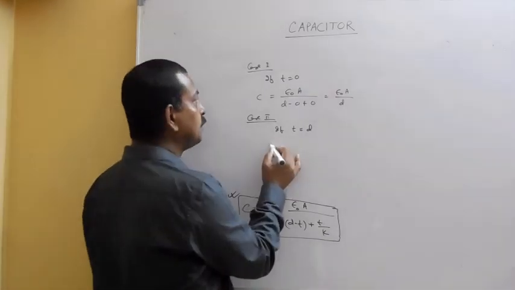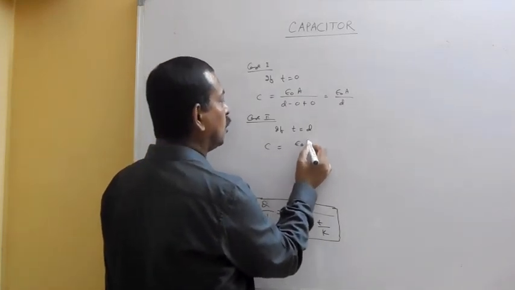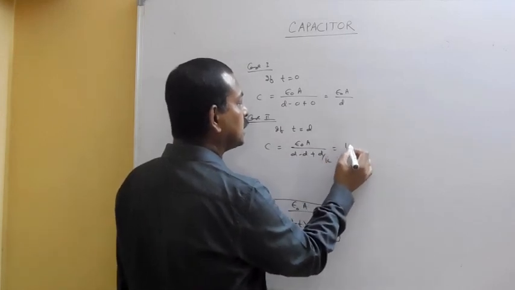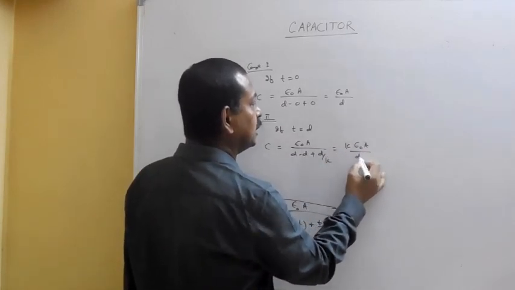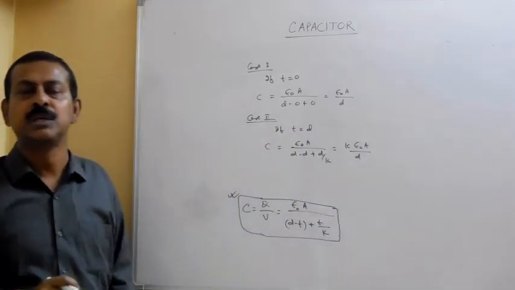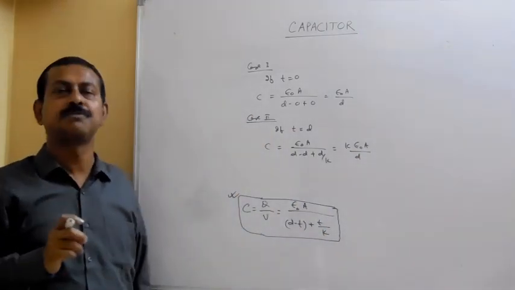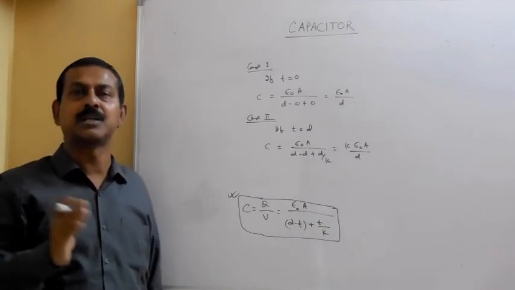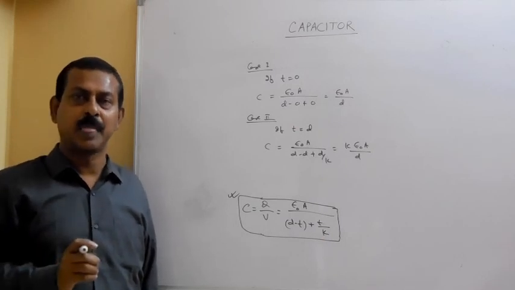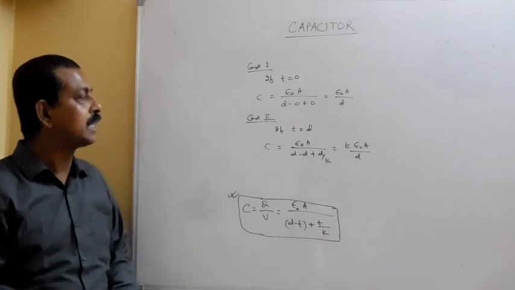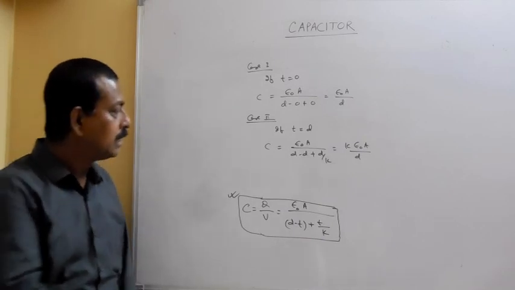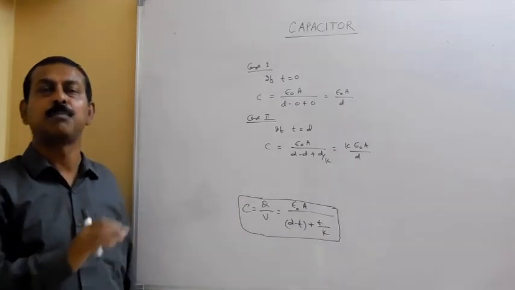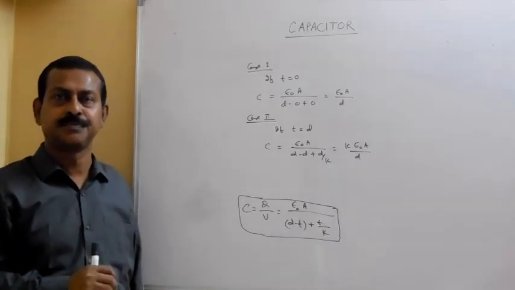If I put it here, C equals epsilon naught A by D minus D plus D by K, or it is K times epsilon naught A by D, which is exactly the same expression we got for a capacitor with dielectric medium filling the gap between the plates. So these are the different cases, and this is the general expression so that you can apply it to any case.